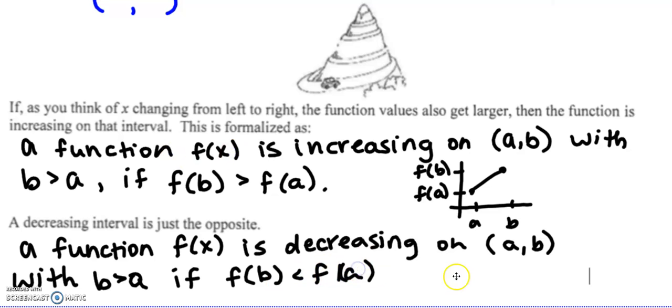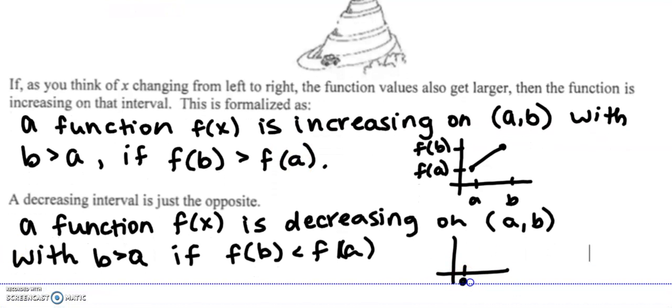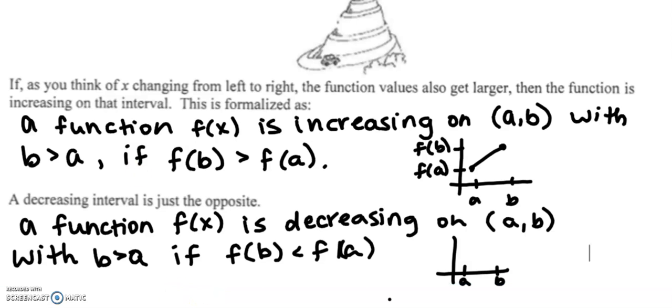So if we have some function, and we've got a and we've got b, and we have f of a and f of b. F of b this time is less than f of a. On that interval, then we would say that our function is decreasing.